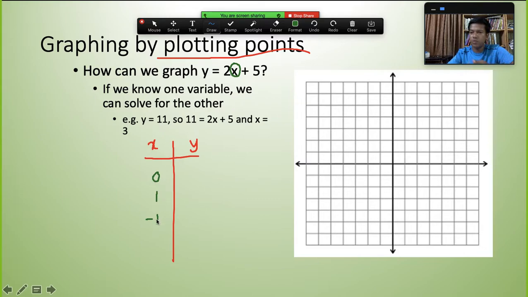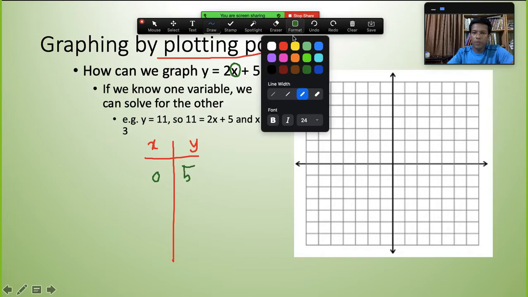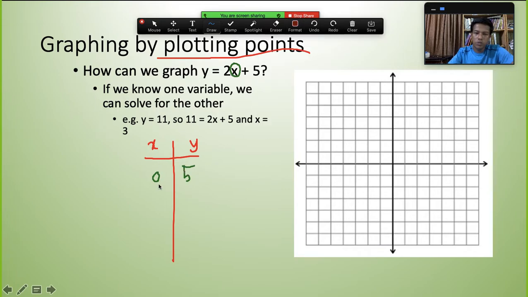If x equals to minus 1, what happens? Like that. So when x equals to 0, you see this 2 into x, that means this will become 0. In that case, y equal to 5. Then if x equals to 1, as we thought, then it is 2 plus 5. 2 plus 5 is 7.